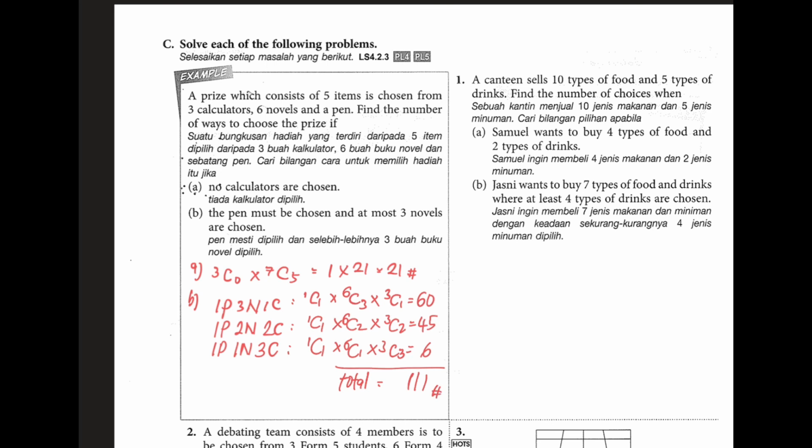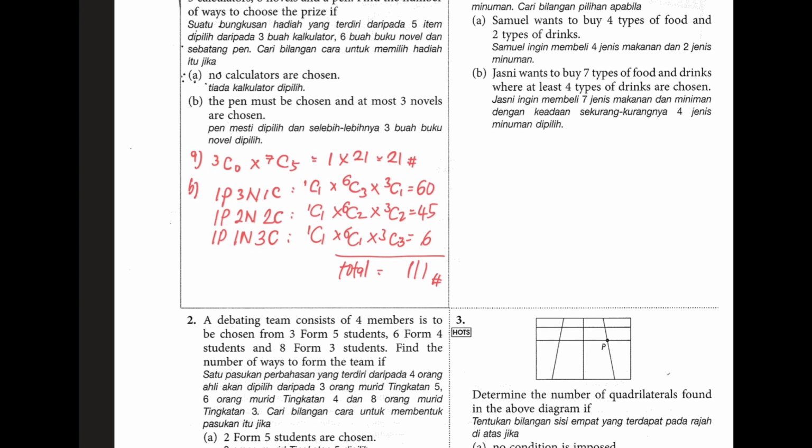Sometimes some students may feel like, when should I multiply and when should I plus? So you see what I did here is I multiply first, then I plus. So maybe you feel like, when should I plus? When should I multiply? So we have an idea here. Multiply is used when you're using the concept of and.